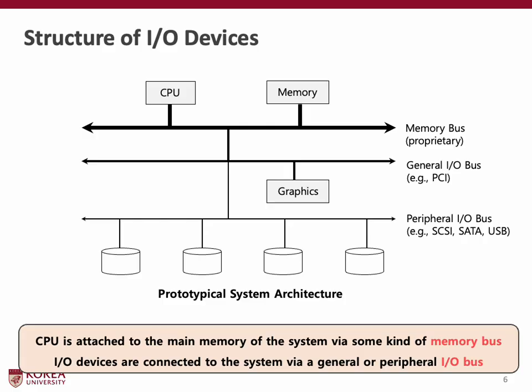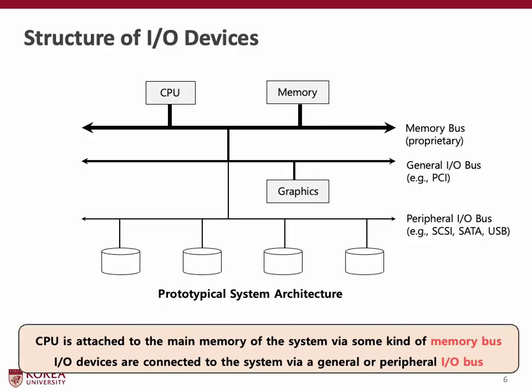I mean, instead of connecting all devices with high-speed buses, they use different types of buses depending on the device's speed. For example, fast devices like graphic cards are placed close to the CPU and connected through general I/O bus like PCI.